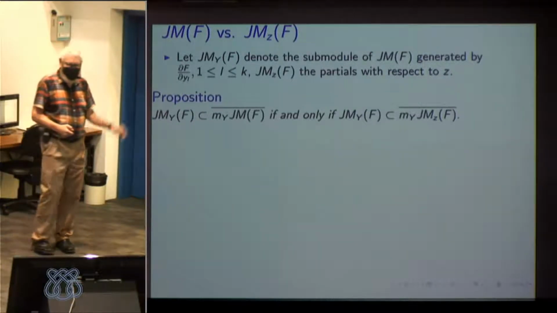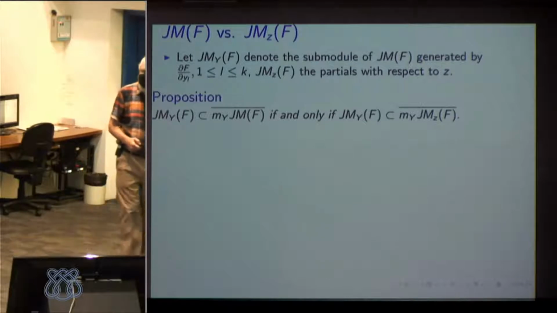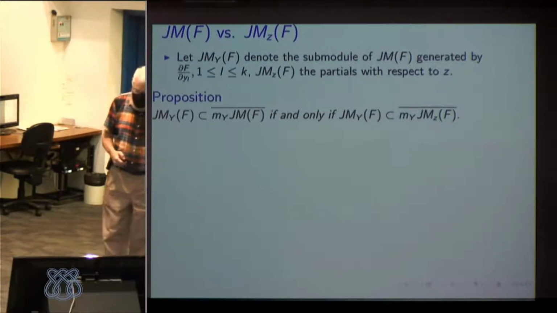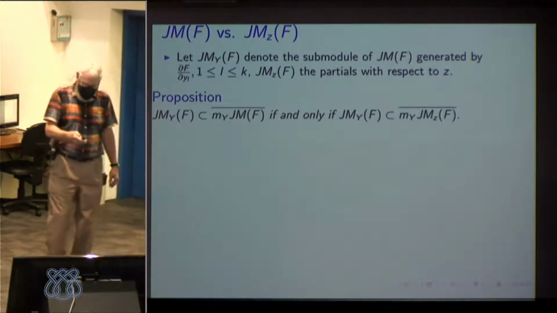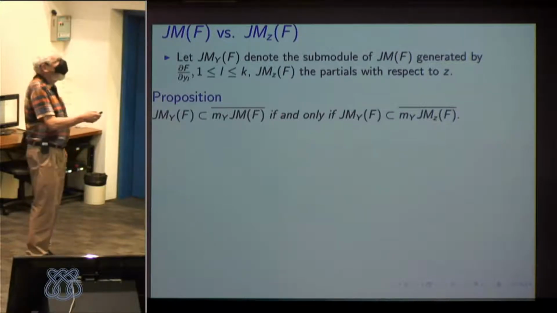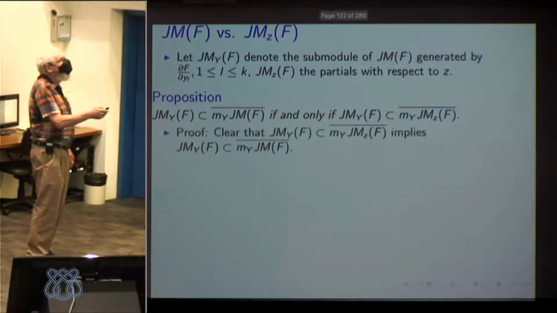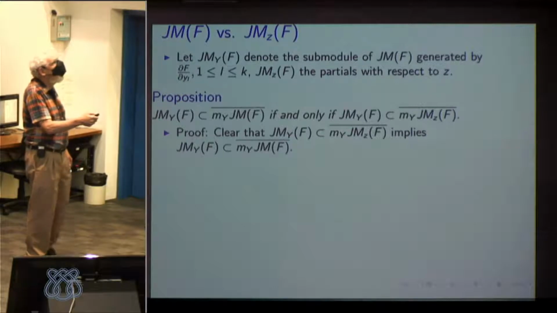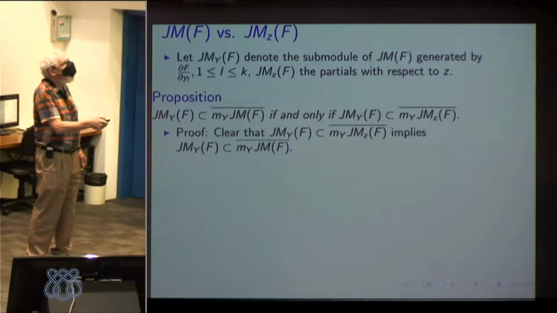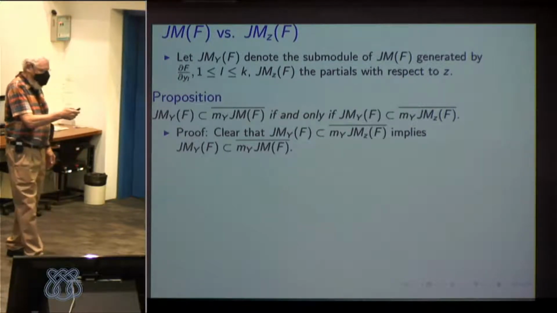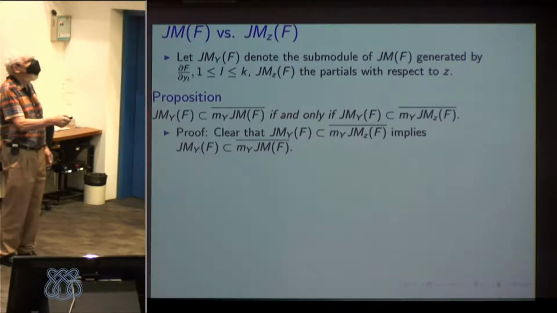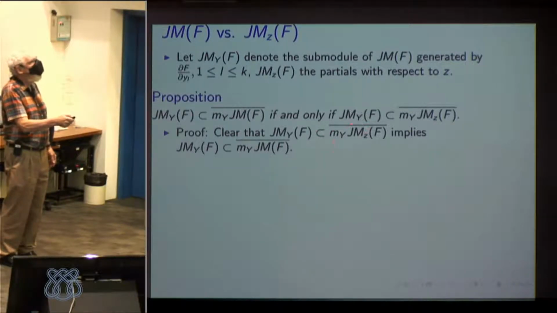We want to show that we can replace Jm of f by Jmz of f if we're only doing things for W. So it's clear that Jmf y contained in here implies that Jmfy is contained in here. This is the big thing, this is the small thing. If it's in the small thing, it's got to be in the big thing.